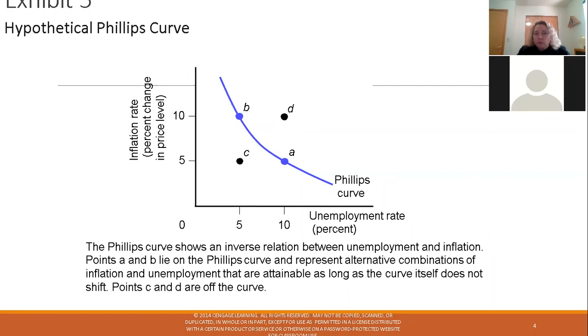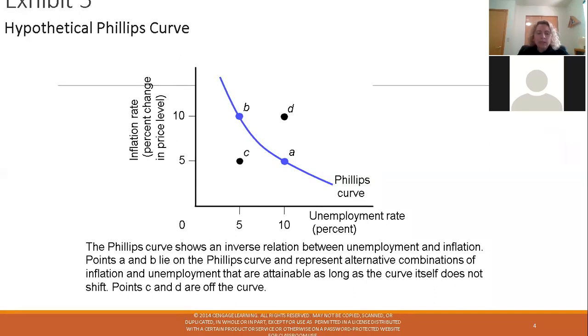Apologize. And it's a trend line. So you can see on this particular example, C and D don't actually fall on the Phillips curve. It's not like a demand curve where all your points, all your information lies along the curve. It's a trend, right? So it sort of marks that middle ground in all your data points, right?